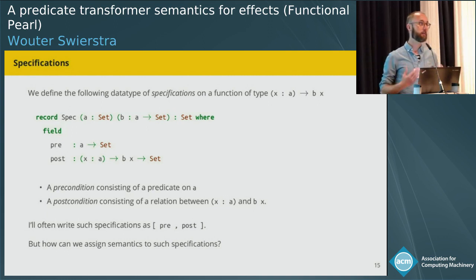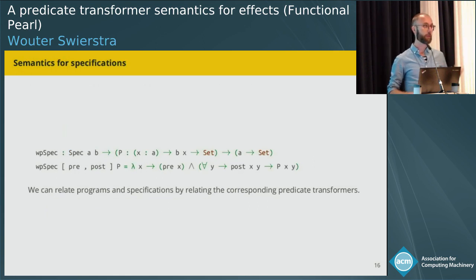If we want to assign predicate transformer semantics to these specifications, what do we get? This is something you can literally transcribe from the literature on the topic. Given the desired postcondition P, what's the weakest precondition that should hold in order to ensure that running a program satisfying this specification will also satisfy P?